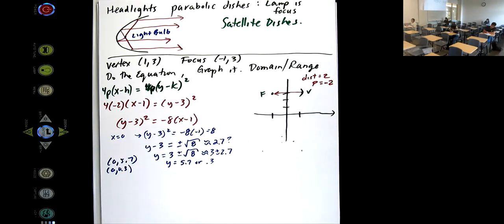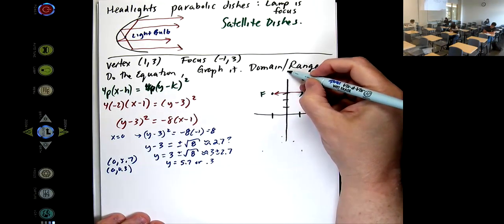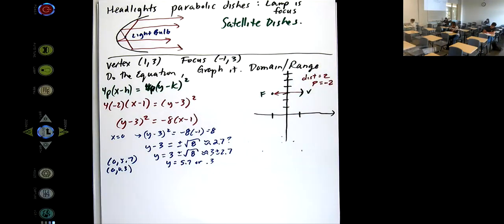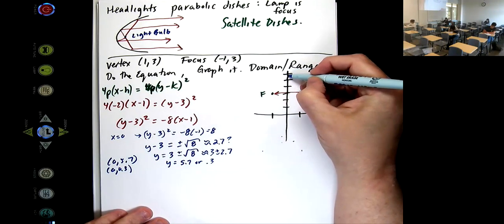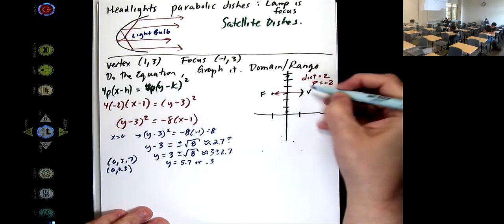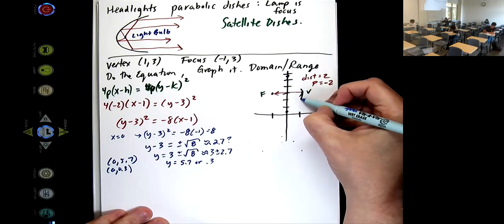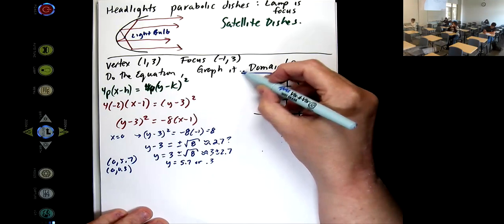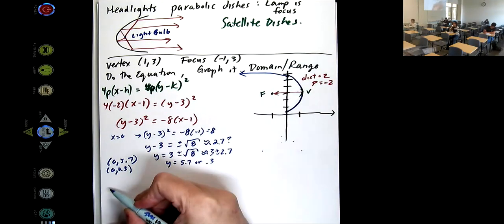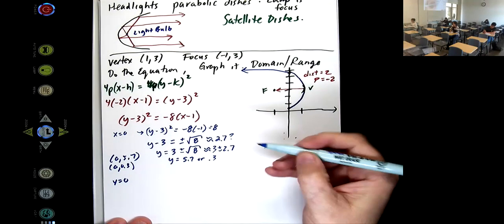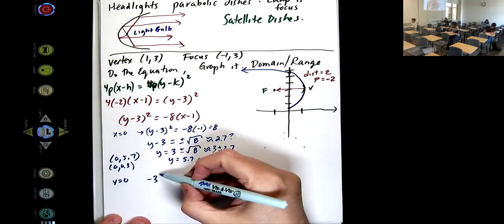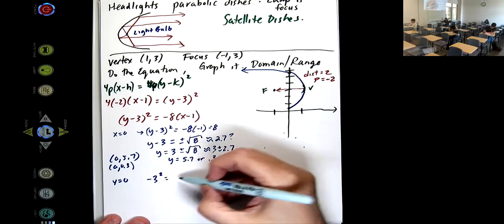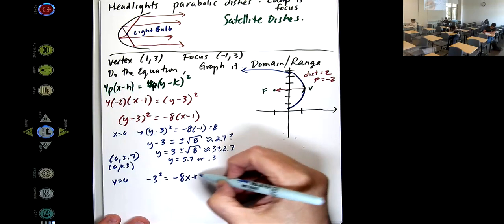So, of course, I did a poor job giving myself some options here. 5.7 and 0.3. If I do y equals 0, I get (-3) squared equals -8x plus 8.